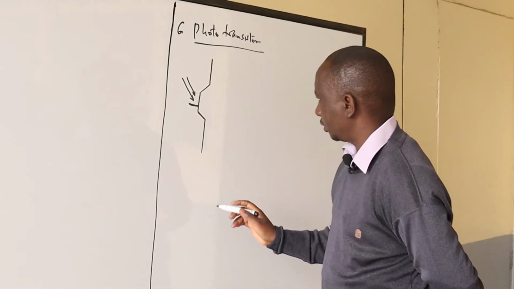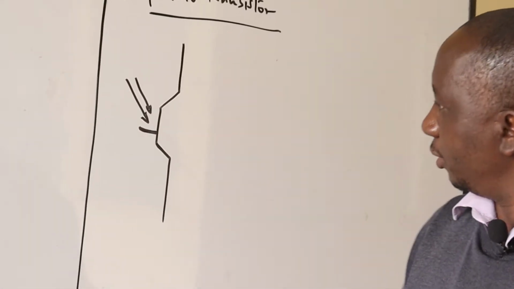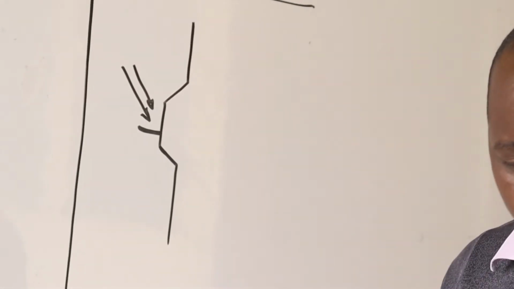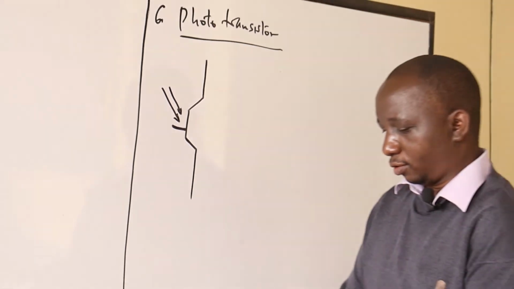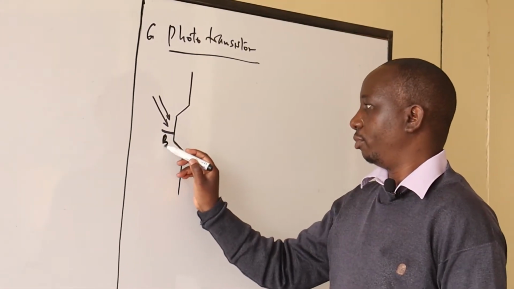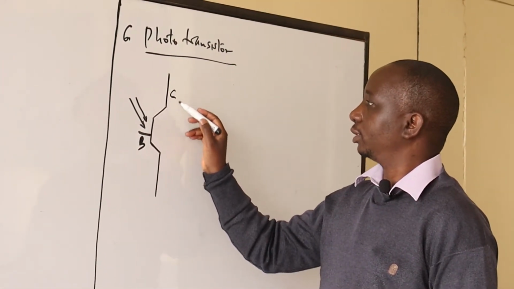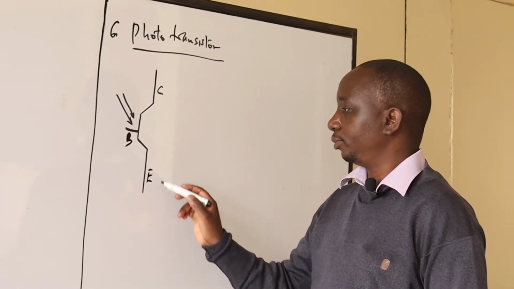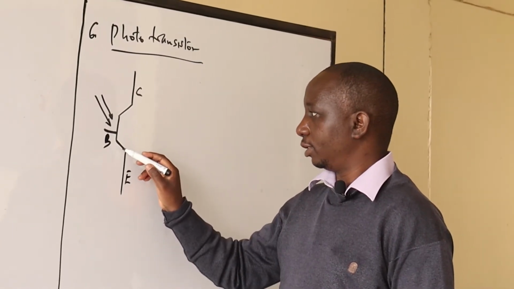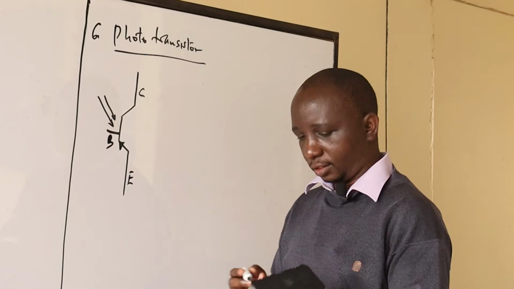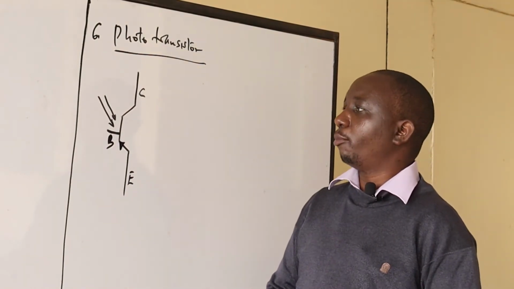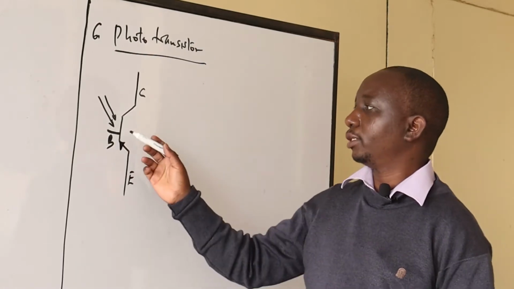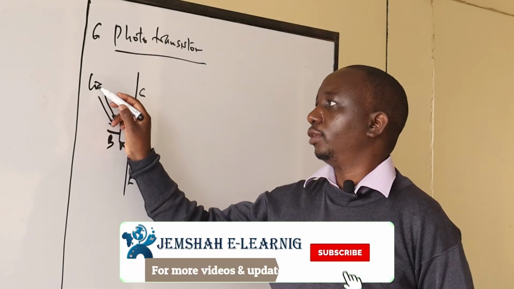This is the diagram we're expected to know concerning the phototransistor. So this is the normal base, this is the normal collector, and this is the normal emitter. This is the symbol of a transistor, but in this case, something appears on the base, which we talk of as the light.